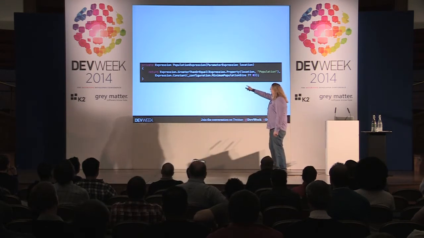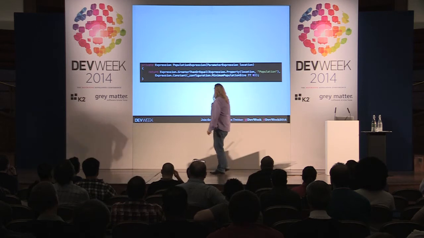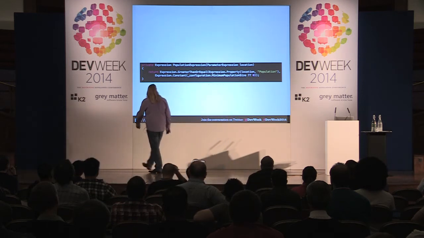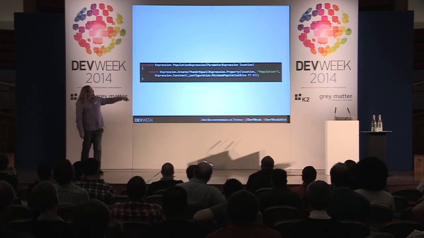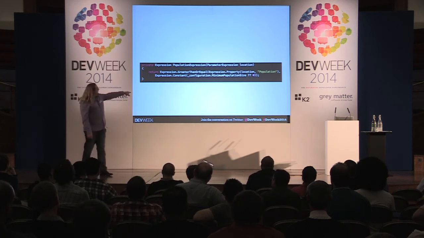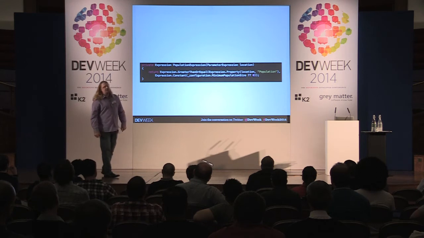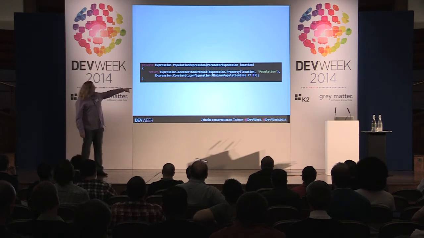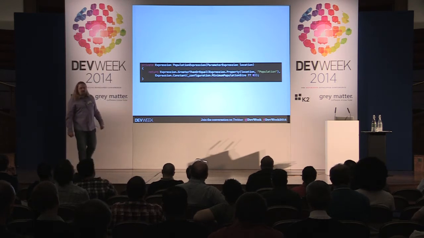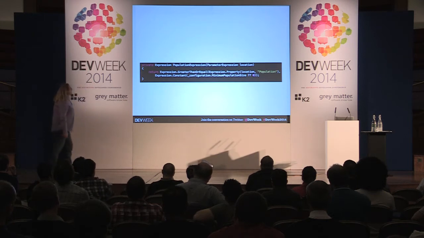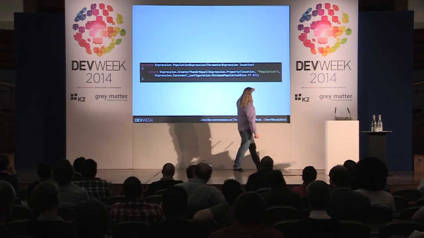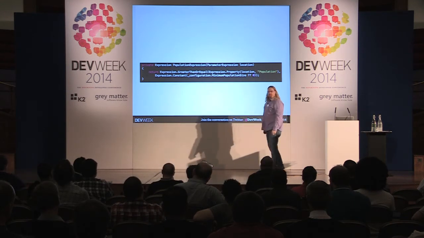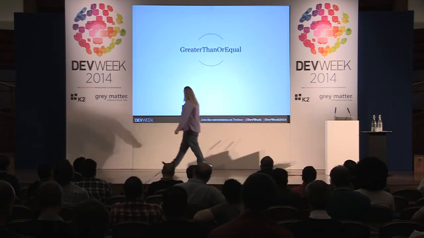So we are returning an expression dot greater than or equal. And on the left-hand side, we have an expression property. So I will take the population value out of the location that I'm evaluating against. And on the right-hand side, I'm going to test this against the minimum population size. That is the same thing as this.